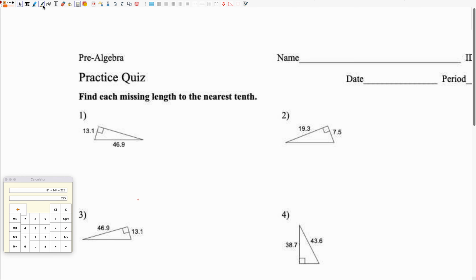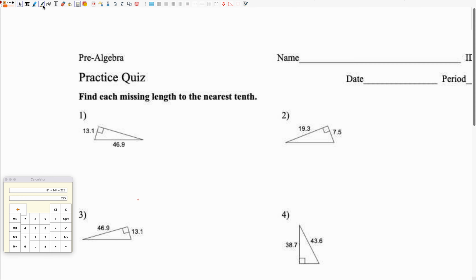Choose a pen. So which side am I missing, a leg or a hypotenuse, on number one? Missing a leg on number one. So I need to make sure, and that's what you gotta do, is make sure you're choosing the right usage of the formula, right? Don't just get in the habit of doing them all exactly the same, because you'll miss some of them then.